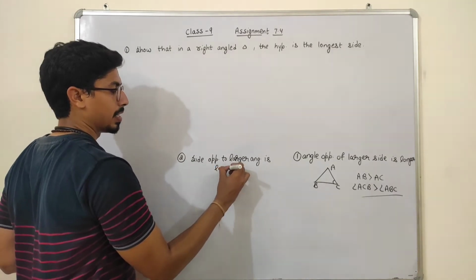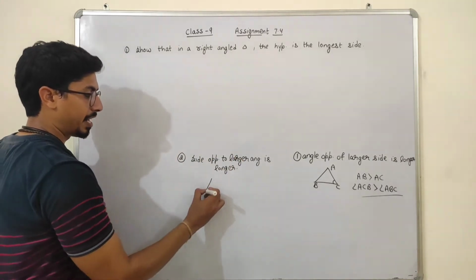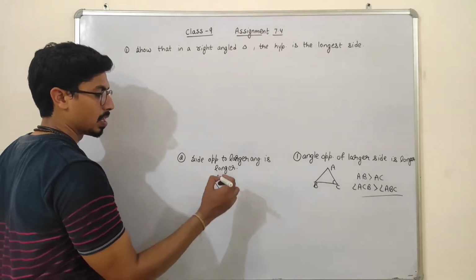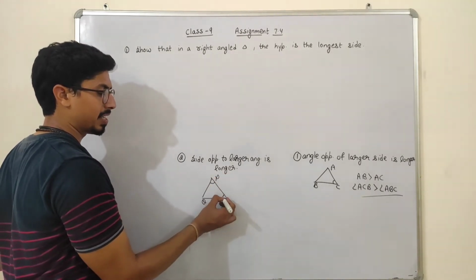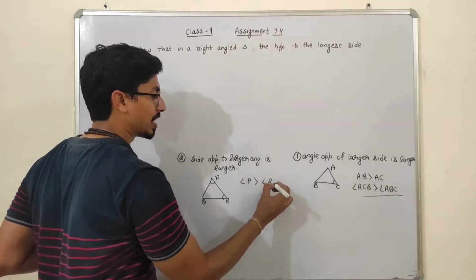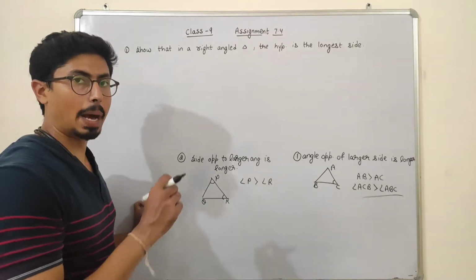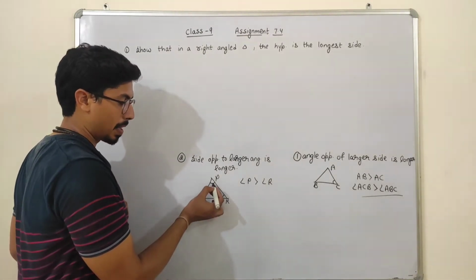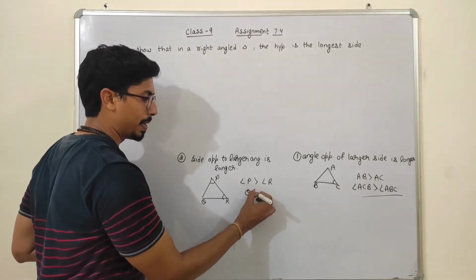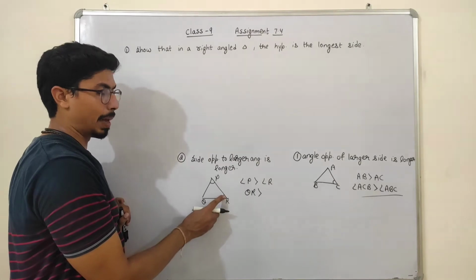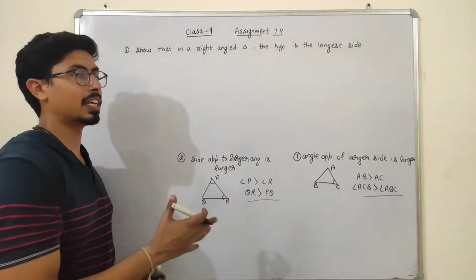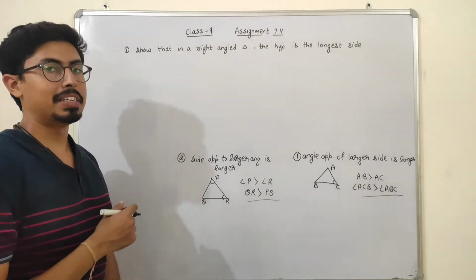That means if I take a triangle PQR, and angle P is greater than angle R, it is given in the question. Now the side opposite to angle P is this QR, so QR will be greater than the side opposite to R, which is PQ. So these are the two properties that I will use in our assignment 7.4.